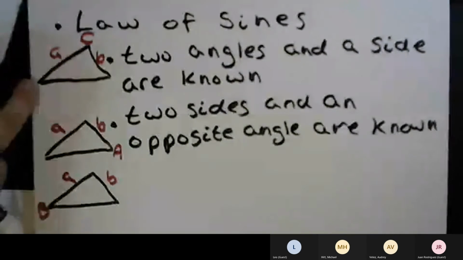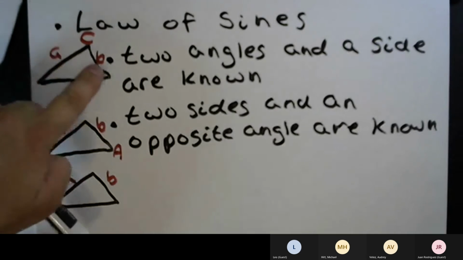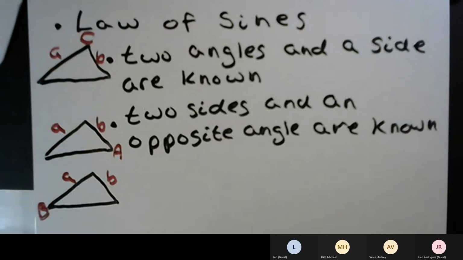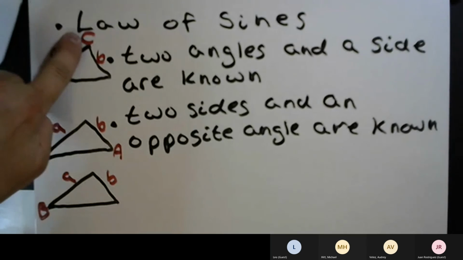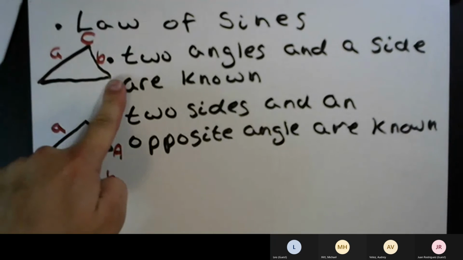Or the known angle could be this, or the known angle could be here, but we have 2 sides and some angle. This angle might not be known. This could be the known angle, or this could be the known angle.